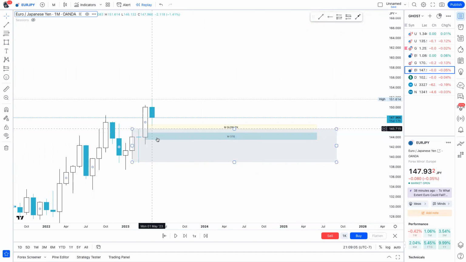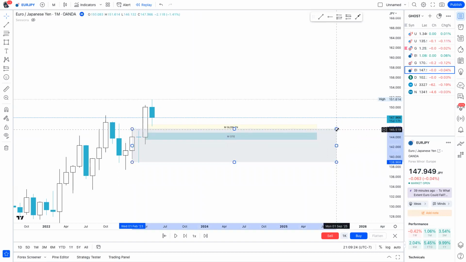If price was to sell past this OTE, to me, I can still see this order block here, and I know that it still has plenty of room to retrace before I would consider price possibly breaking to the downside. But that's pretty visual to me. If you need to mark this, you can. However, I do think the Fibonacci levels are a lot more accurate. So I'm just going to go ahead and delete that, but you can mark it if you want.